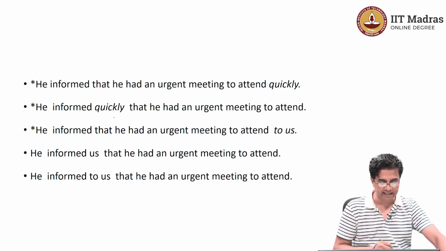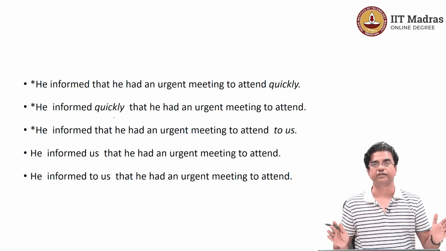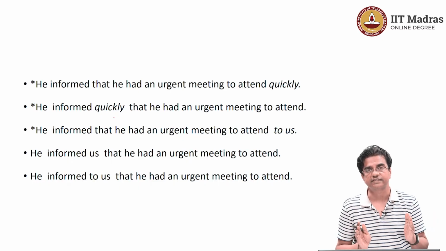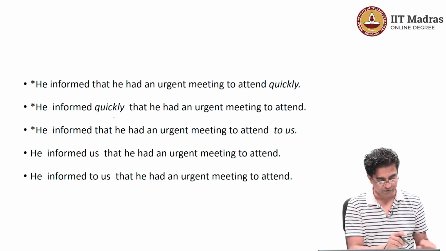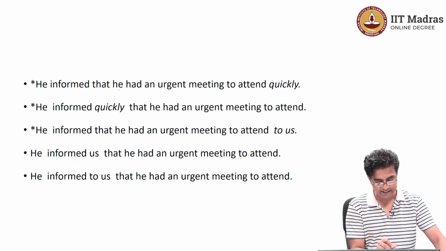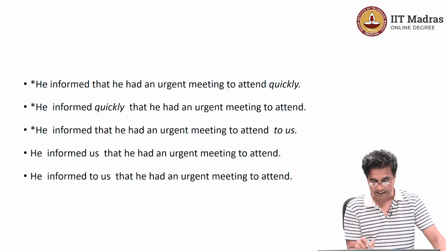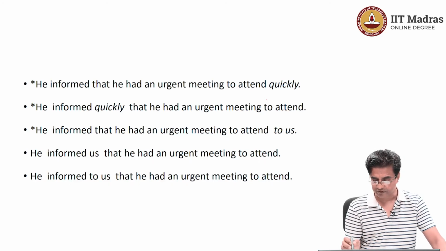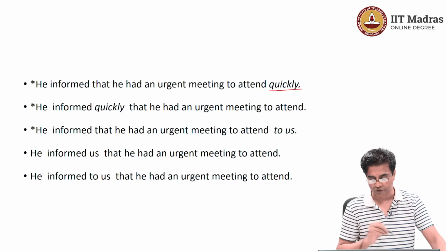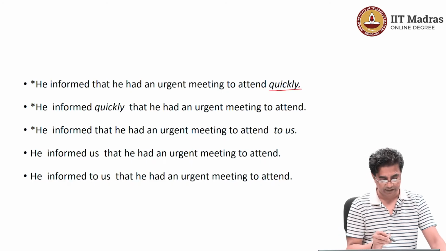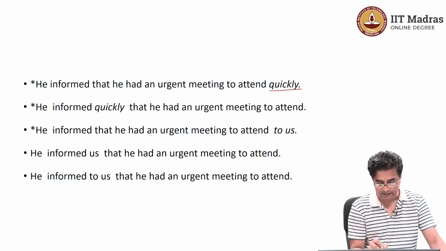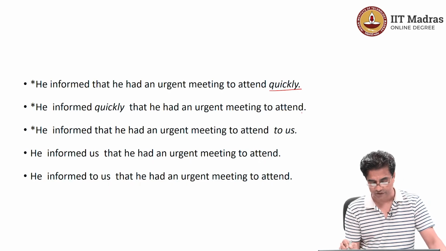So look at the examples where we have a larger that-clause type of sentence as direct object. He informed that he had an urgent meeting to attend quickly, is not a good sentence. He informed quickly that he had an urgent meeting to attend.